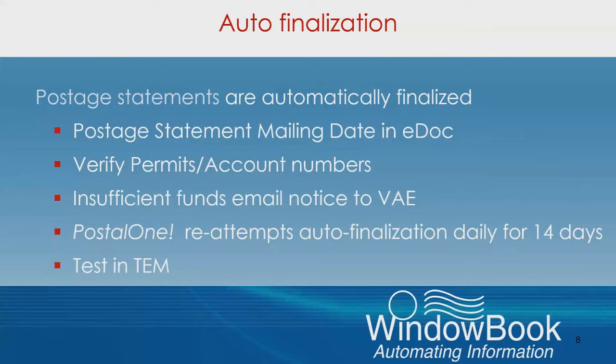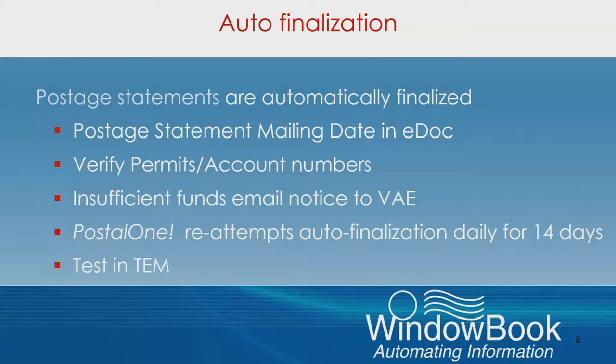Rather, the postage statements will be finalized by the Postal One system on the postage statement mailing date that is submitted in the EDOC, or electronic documentation. This allows mailers much greater control over the postage payment. Now, mailers do need to verify that the permits and account numbers that are associated to their accounts are funded prior to this postage statement finalization.